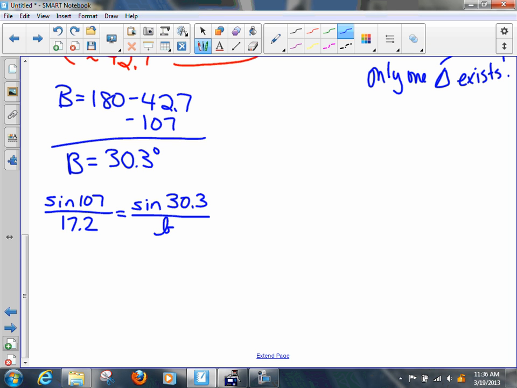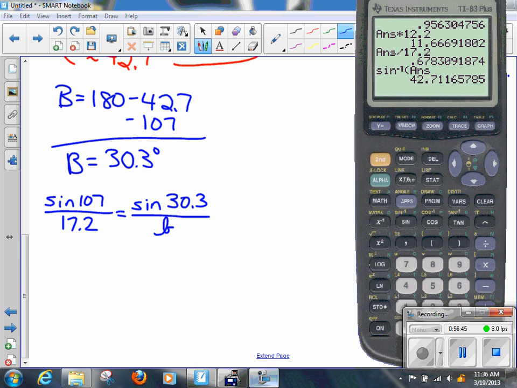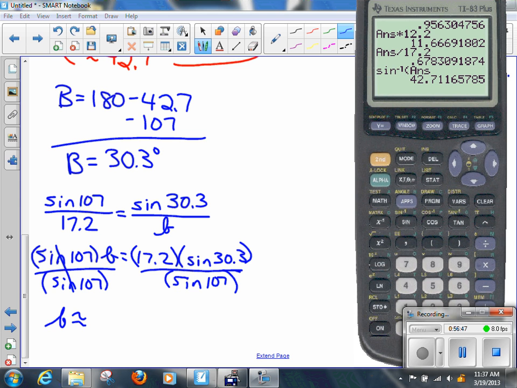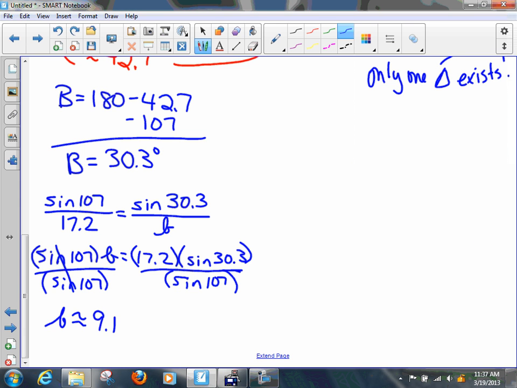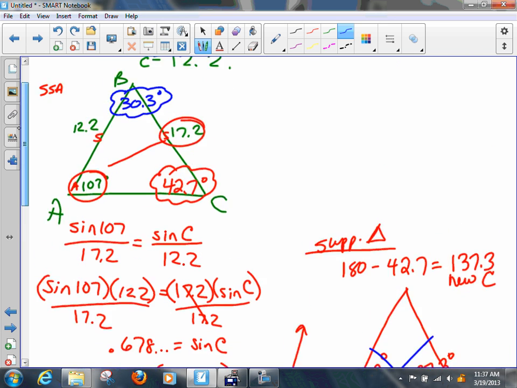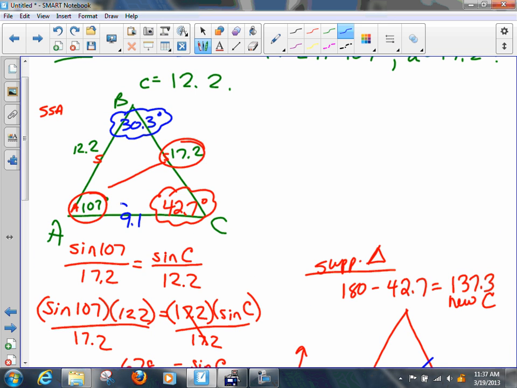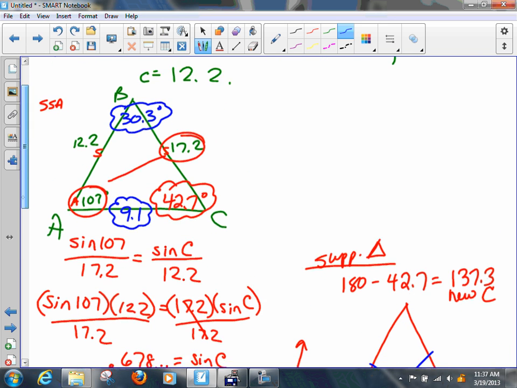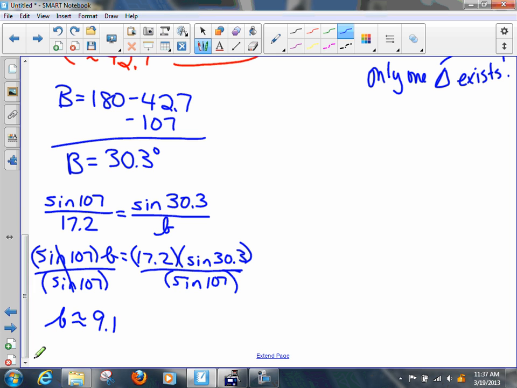Solve it. It's a race. 9.1. So I've got side B is approximately 9.1.